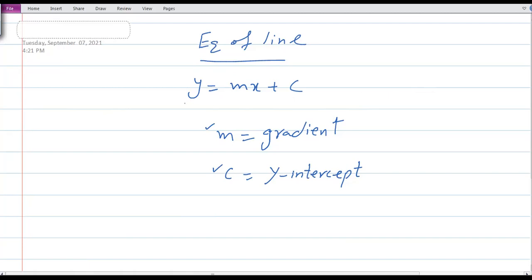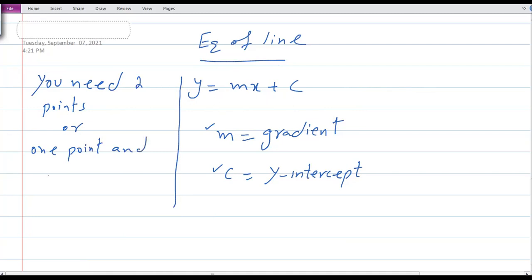To find the equation of a line, you need either 2 points, so easily you can find the gradient and also the y-intercept, or you need 1 point and the gradient. Then you will easily be able to find the equation of a line.